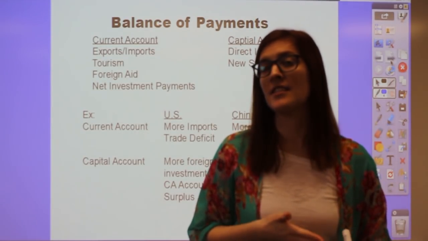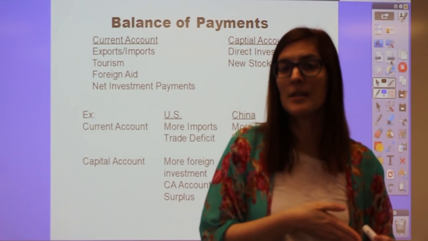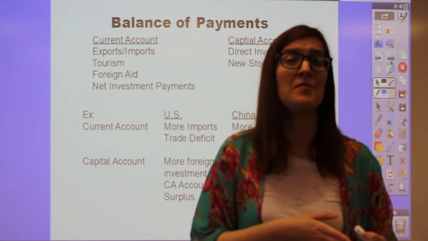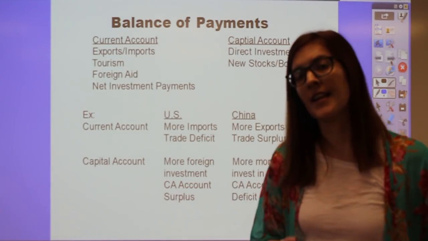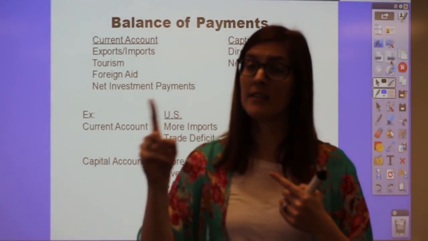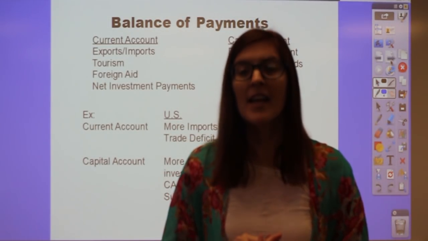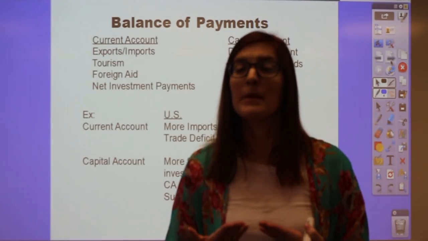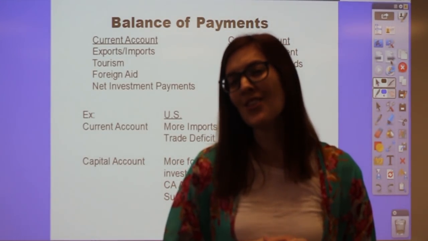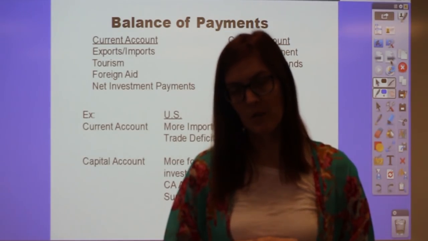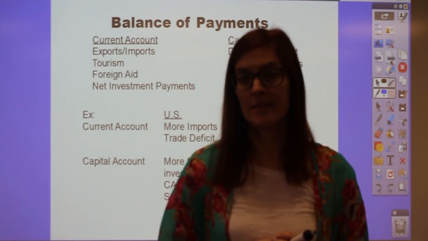It's an immediate transaction. So investment in GDP doesn't necessarily mean investment in the foreign market. Also under the current account, tourism, because you're immediately spending money in another country, and foreign aid, because you are immediately giving money to another country, and payments on existing investments. And we'll talk about that more in a minute.